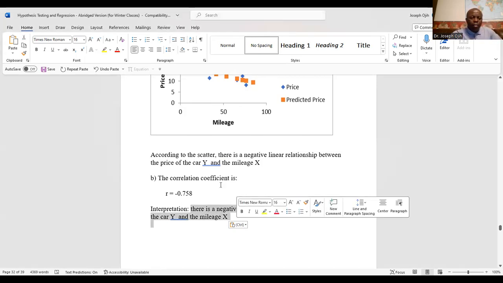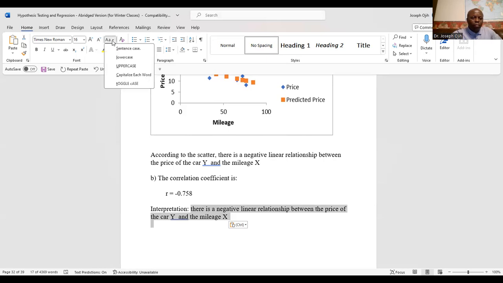So when the mileage is high, the price is low. When the mileage is low, the price is high.